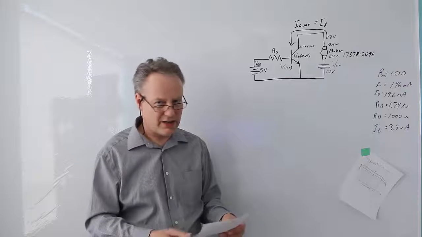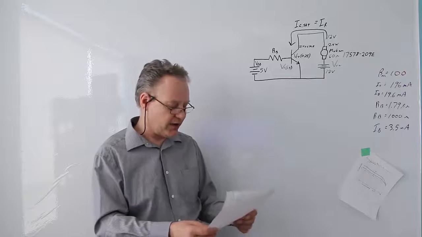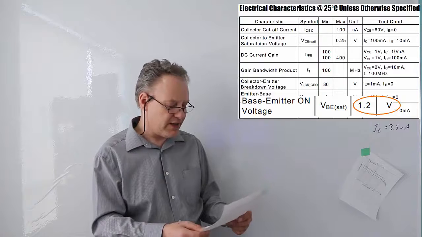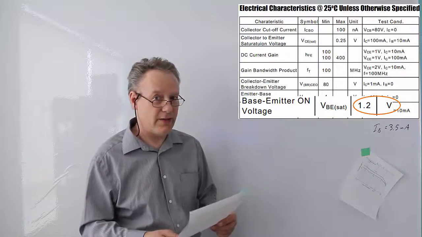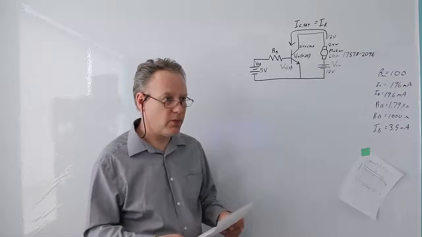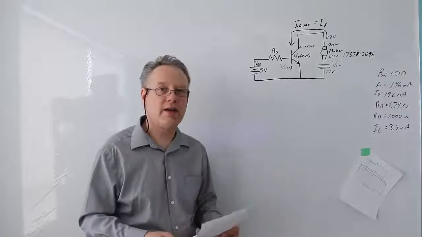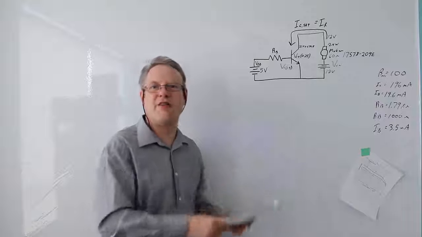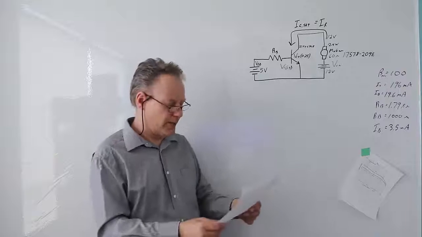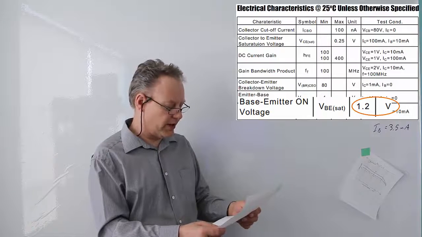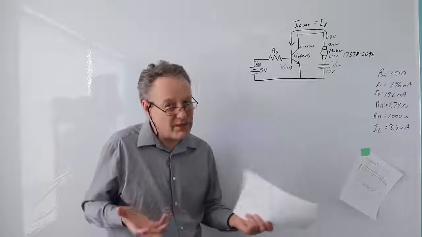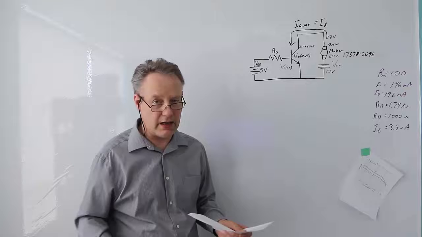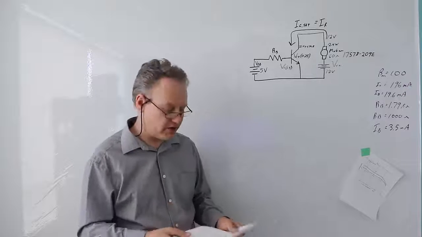The other interesting thing is down here, the base emitter voltage is 1.2 volts. So we also have to put that in. I think I put 1.5. Oh, I did. Okay, we'll just roll with that because I've already done the math. We'll pretend. So 1.2 volts is the base-emitter voltage, and we know that number is usually around 0.7, or at least that's what we've been looking at in class, but that value changes as well.